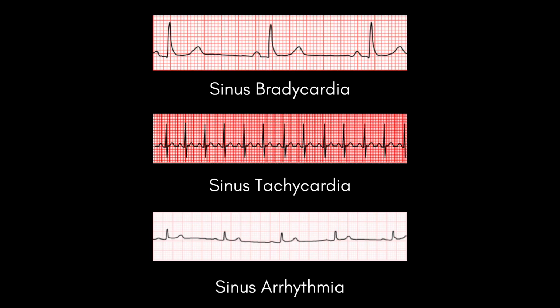All right, now let's look at some visual representations of the sinus rhythm irregularities we discussed in the last slide. Sinus bradycardia is a heart rhythm where the resting rate is below 60 beats per minute, BPM, resulting from the sinoatrial node firing less than 60 times per minute.